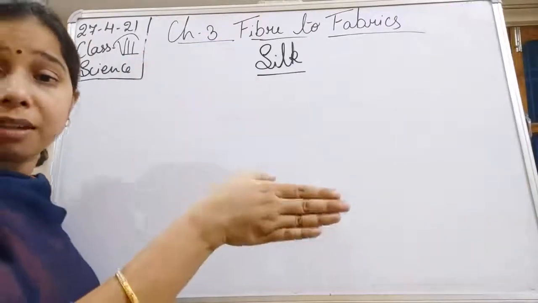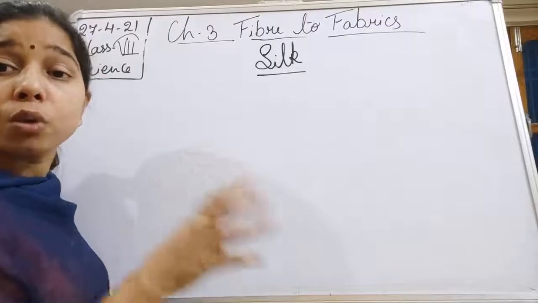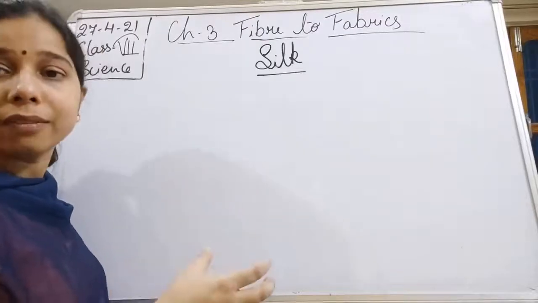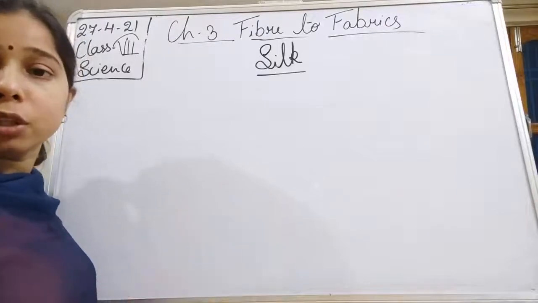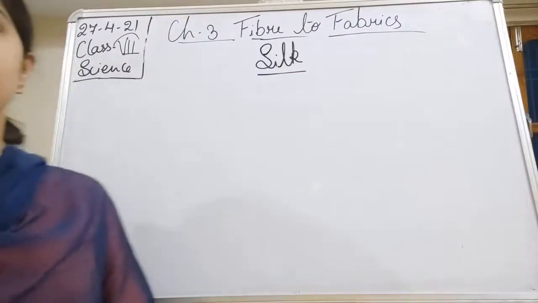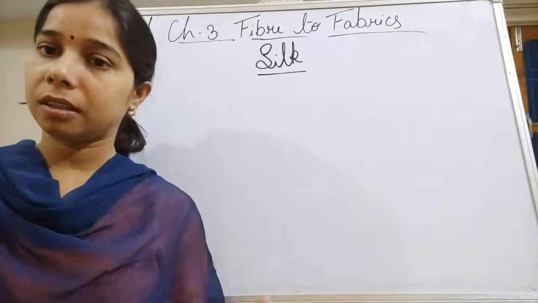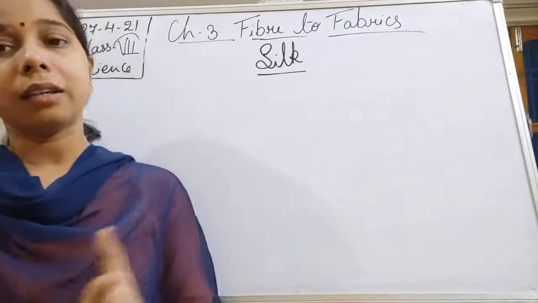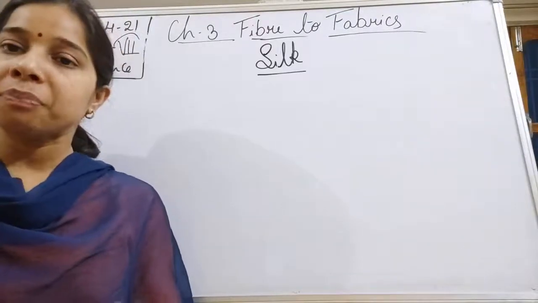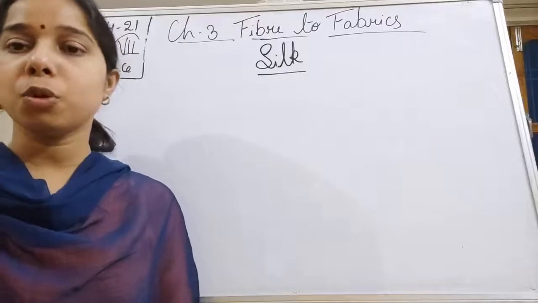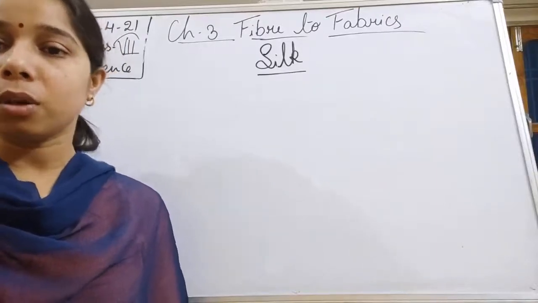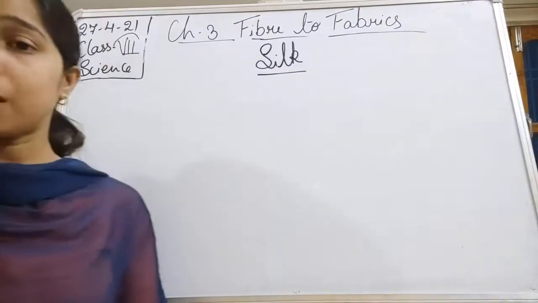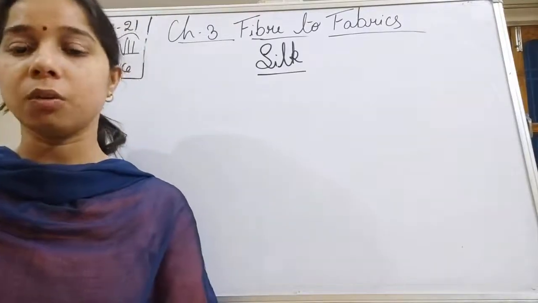This caterpillar will form a cocoon over it, inside which the pupa develops. This pupa will finally grow into the silk moth. So this is how the life cycle of the silkworm occurs.